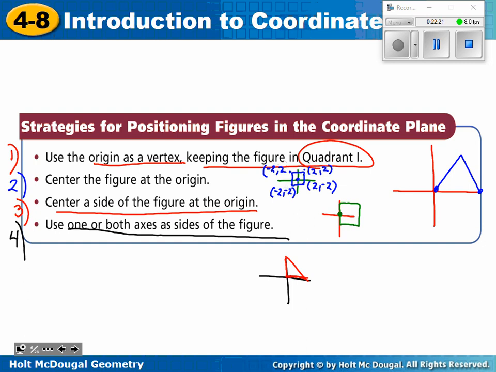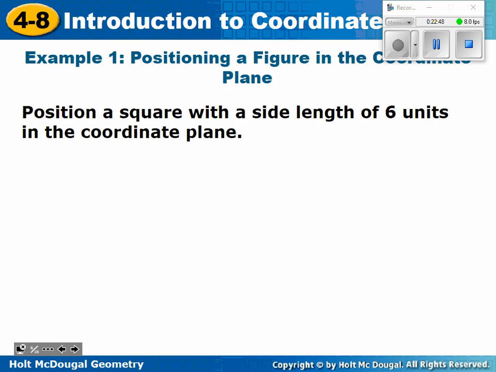If I use the y-axis and the x-axis as 2 sides of my shape, what kind of shape does it have to have or has to be in it? A right angle. So if I'm putting a triangle and I'm using the y-axis and the x-axis, I have to know for sure that it's a right triangle. Or maybe I know it's a square, or I know it's a rectangle, which have right angles. Okay? So you're going to use one or more of these strategies when you're trying to do this assignment.